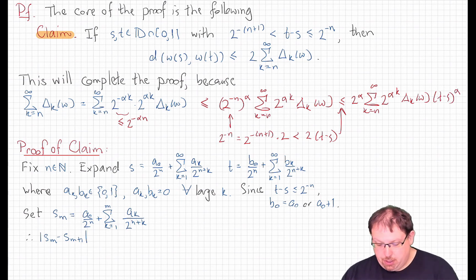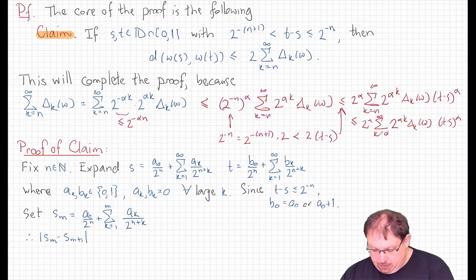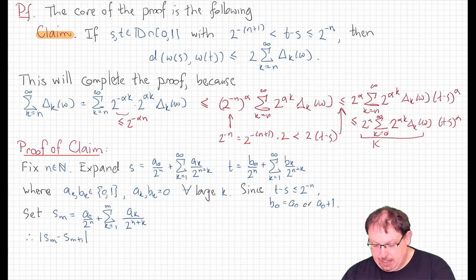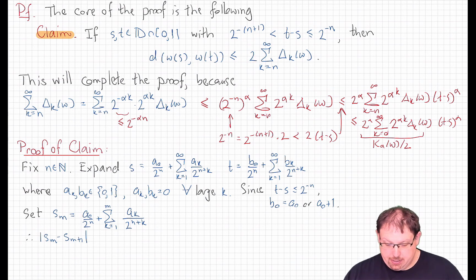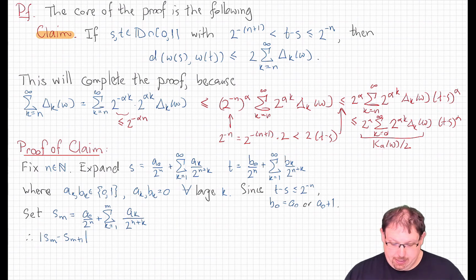Now we'll just throw caution to the wind and bound that by the whole series starting at k equals 0. And here we have the definition of k alpha of omega over 2. And that extra factor of 2 right there then gives us the full proof that this is less than or equal to k alpha of omega times t minus s to the alpha, as claimed.